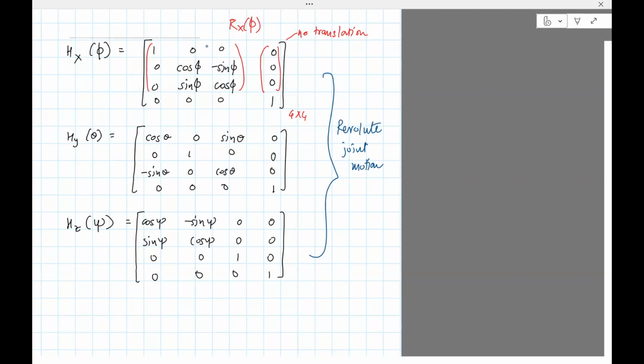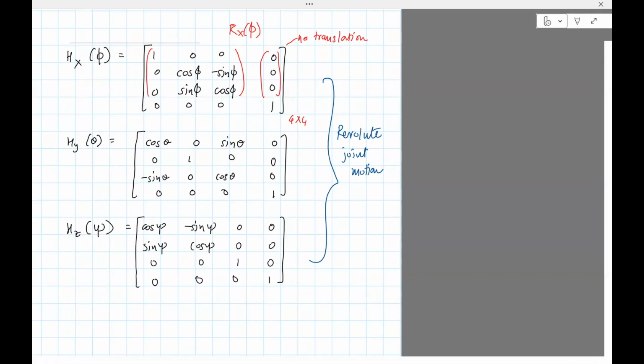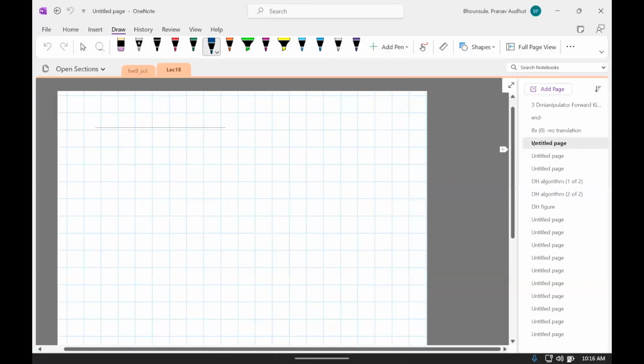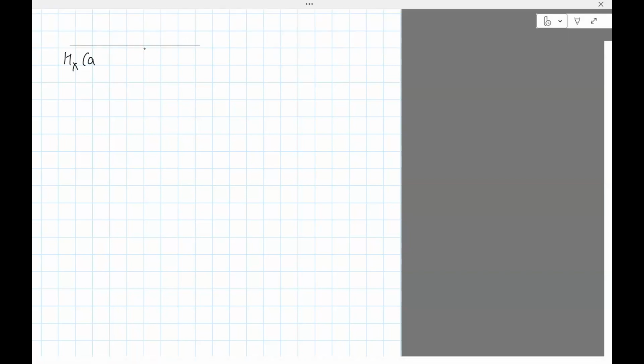Now, similar to this, we could also write a translation piece, which is associated with only a prismatic joint. So let me write that next. Then we should be ready to do the forward kinematics. So here we look at translation about the x-axis, and I'll parameterize that by ax.